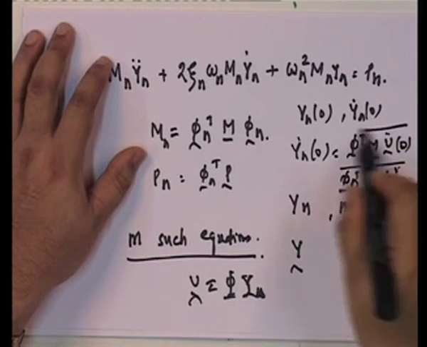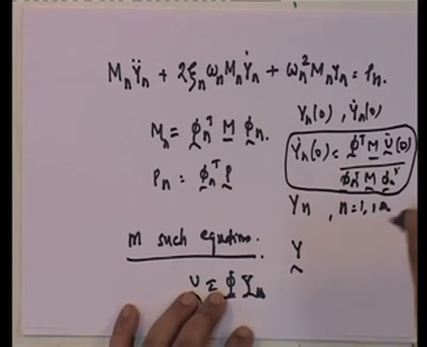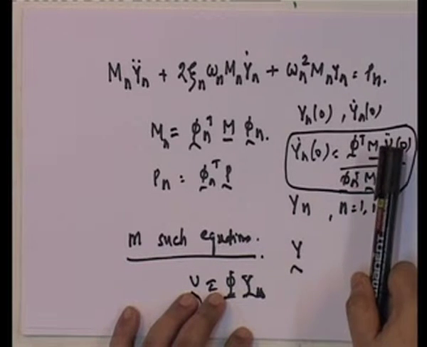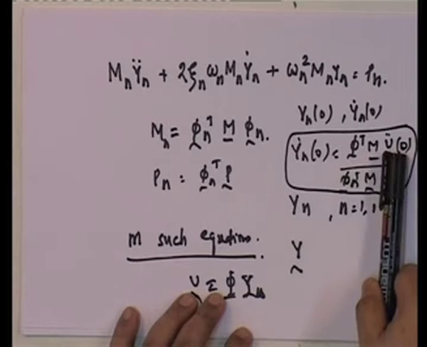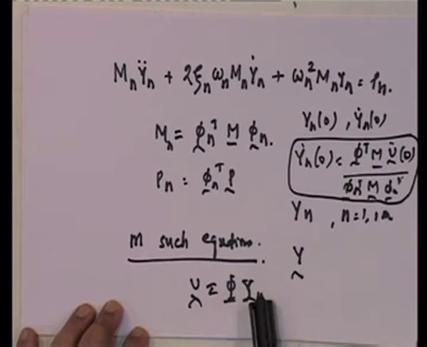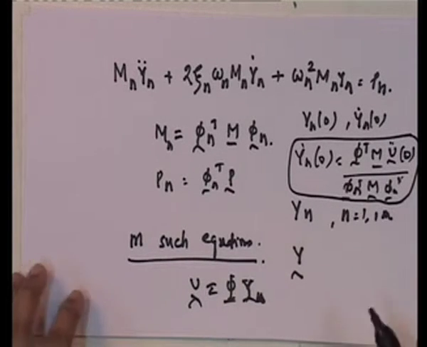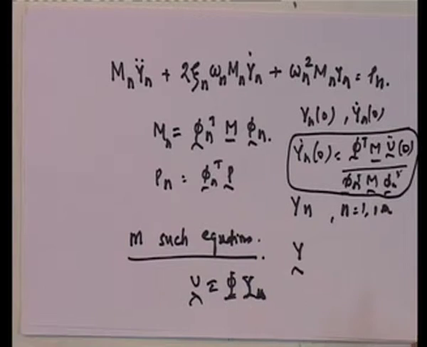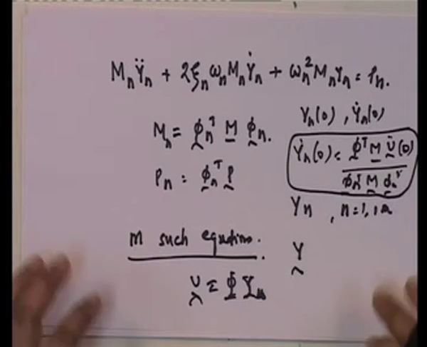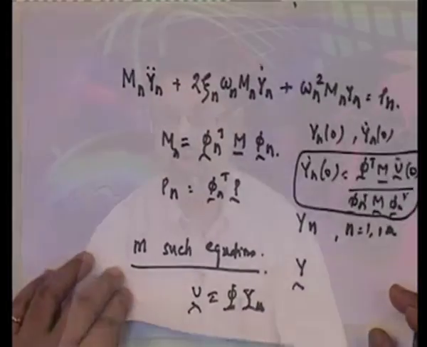Okay. So, this is how you go from the original space to the modal space, and this is how you go from the modal space to the original space. These are the two opposite relationships, and all of these are based on nothing but the fundamental fact that all modes are orthogonal with respect to each other.